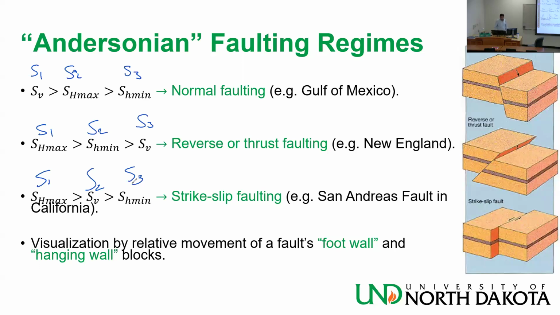Okay, SV can be either S1, S2, or S3. SH max can only be S1 or S2, and SH min can never be S1, so it can be only S2 and S3. So that's the relationship between the terminology that we have used already in this class, which I understand is already a lot and can be confusing. So you better stay on top of it. It can be very confusing if you leave everything before the exam.